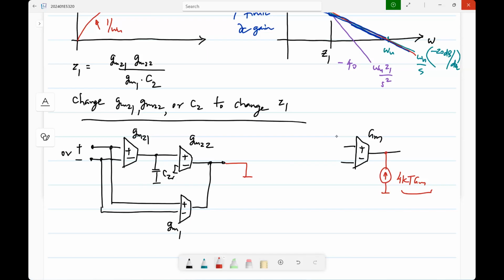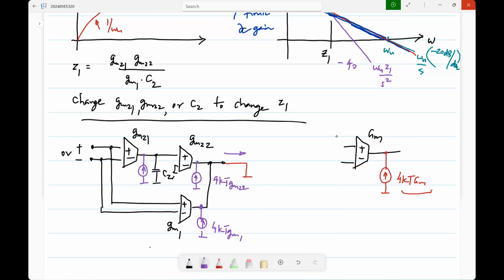So now I have 4kT gm21 over there, right? And that directly flows into the short circuit. Okay. And the same goes for this also, 4kT gm22.